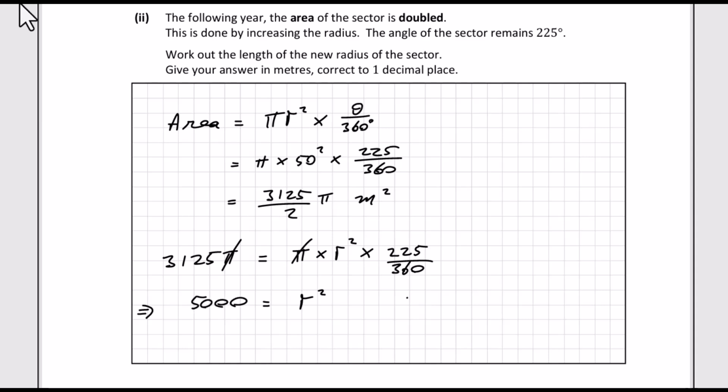Works out exactly. Then r is just the square root of 5,000. Again, you take the positive version of it. There's no such thing as a negative distance. So it's 50 root 2, and that's in meters. So that's the new radius. And we have to give this to 1 decimal place. So the answer is the radius is equal to 70.7 meters. Okay, and that's it for question 8.